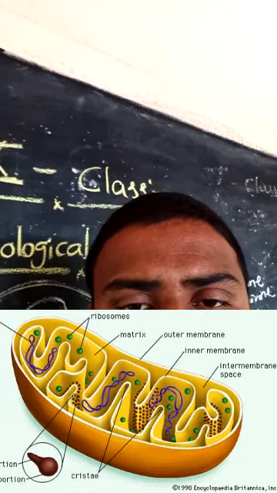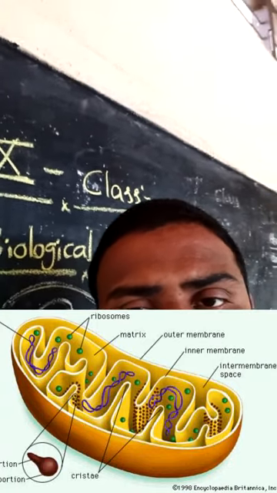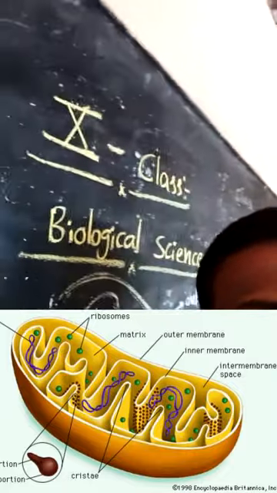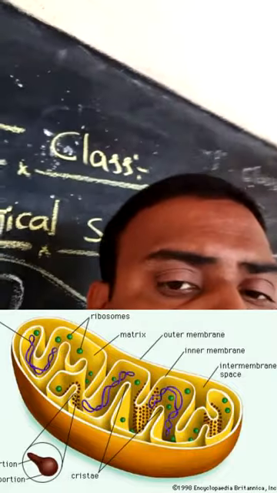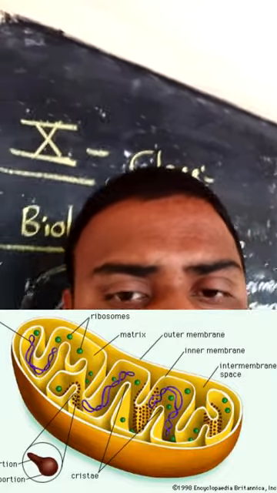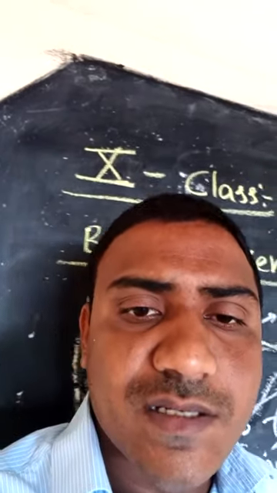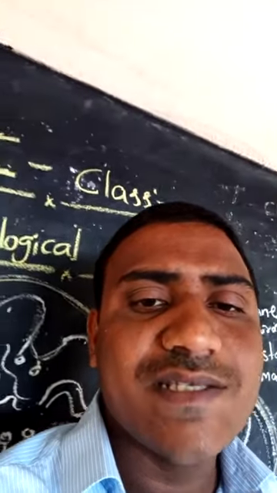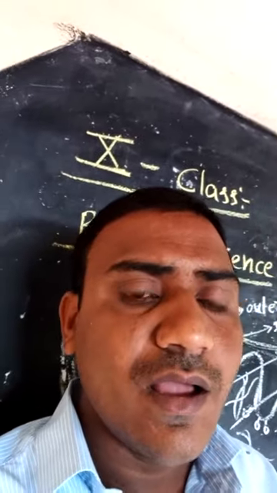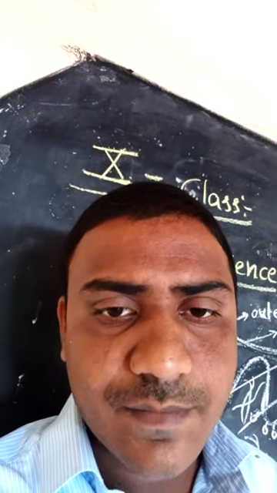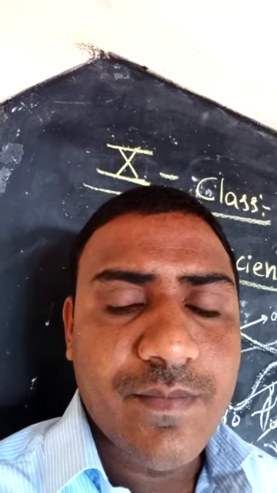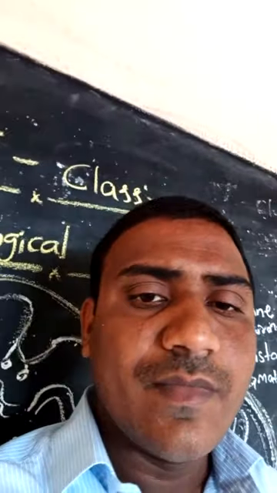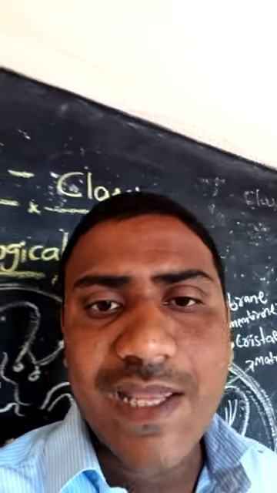Today, class for 10th subject is biological science. In previous classes, we discussed up to how the gaseous exchange takes place at lungs level and how the blood carries different types of gases.